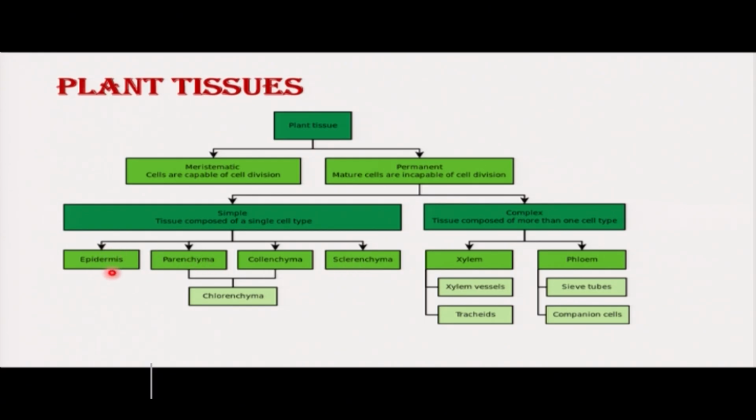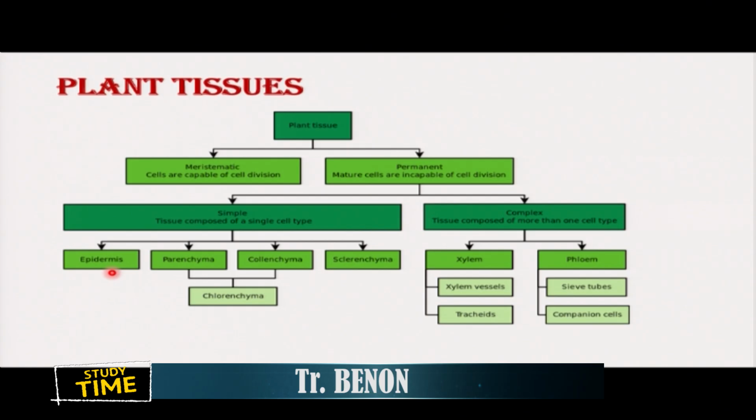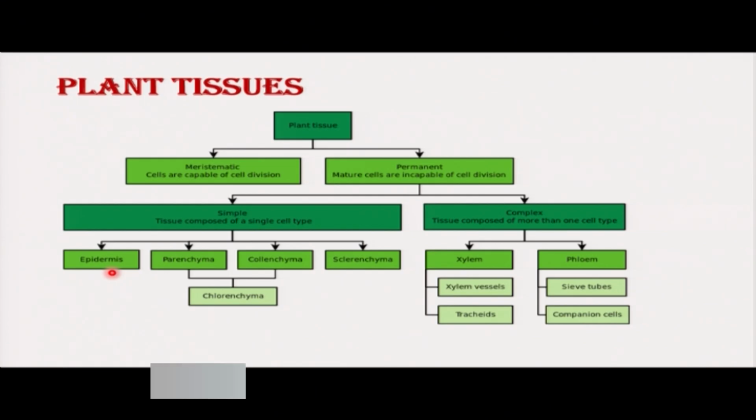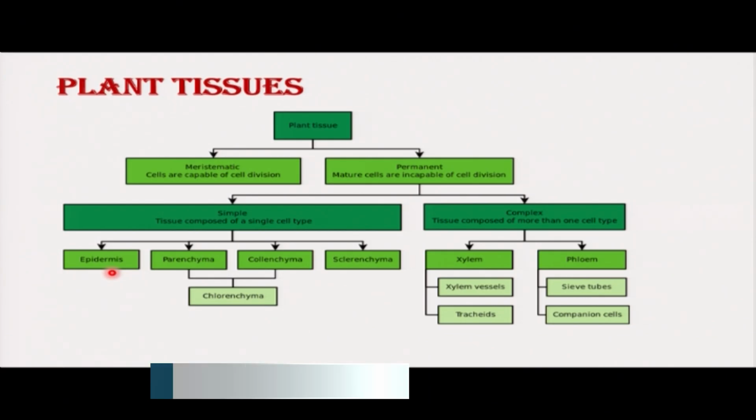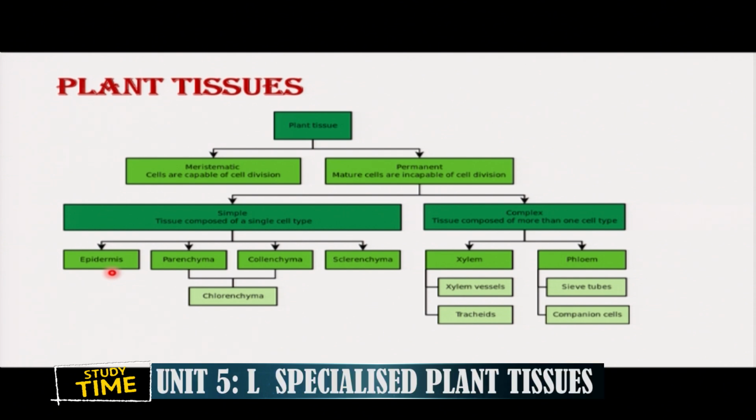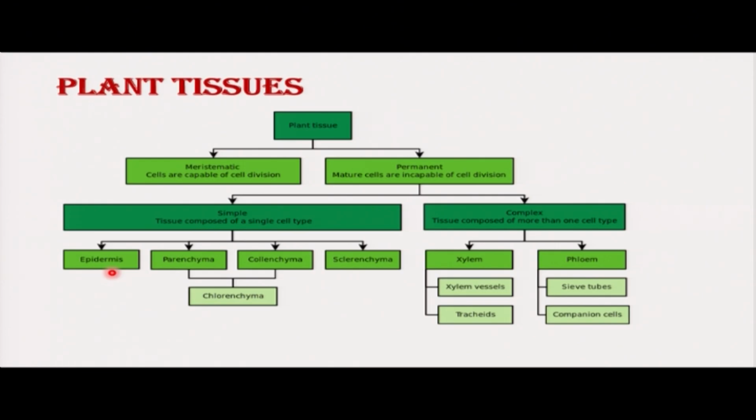Epidermal tissues are cells which are responsible for preventing excessive loss of water from the plant. These cells are also responsible for protecting against infections from microorganisms. These cells also are responsible for protecting internal cells of the leaf.